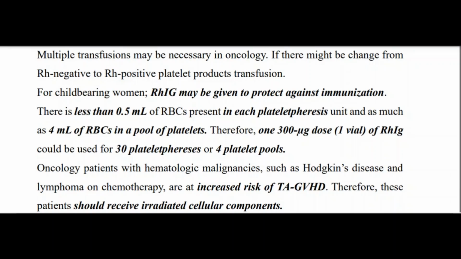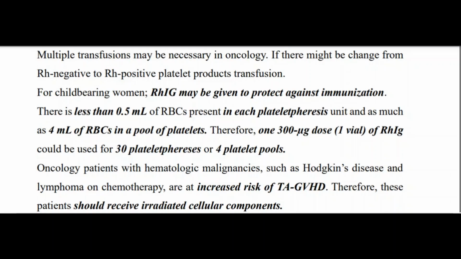Because for platelets themselves, we don't consider rhesus. So in order to prevent any case of immunization in the patient, because we are transfusing multiple units of platelets, it is very good to give at least one vial of rhesus immunoglobulin to the patient.